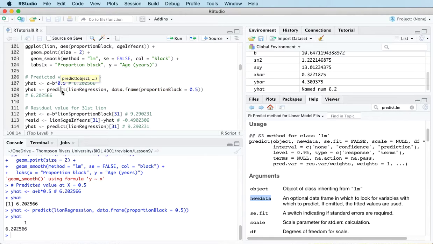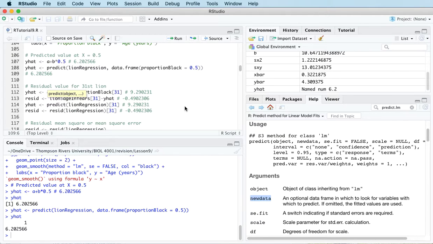When we go on in a future lesson to talk about multiple linear regression, we're going to have multiple predictors, and it's going to be very cumbersome for us to write out the prediction using this method here. It's much easier if we can just use this built-in function predict and make the prediction that way.